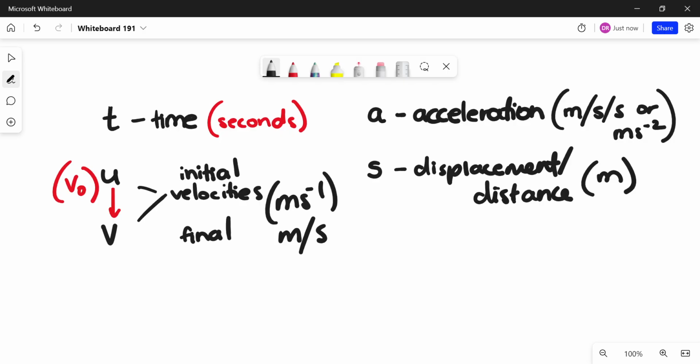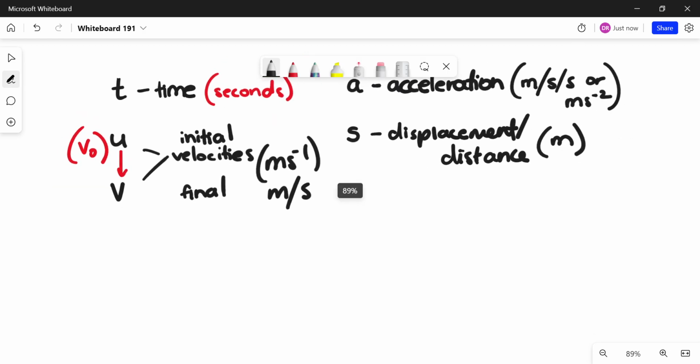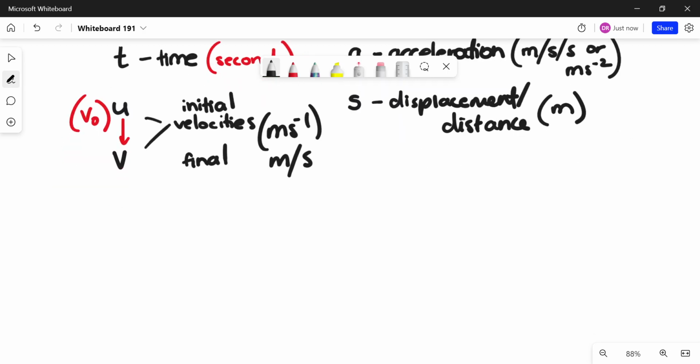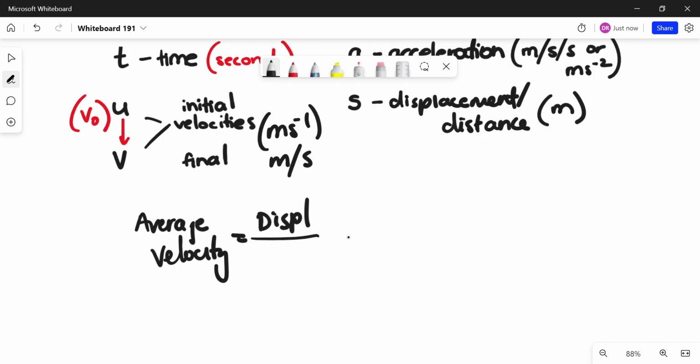In terms of these, the main ones I want to focus on for now are the velocities and the accelerations. If we're thinking about some basic physics concepts, an average velocity, as a lot of us would be aware, is equal to a displacement divided by time, or distance divided by time.